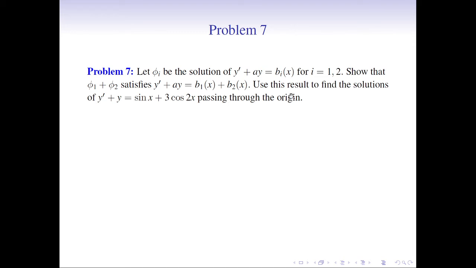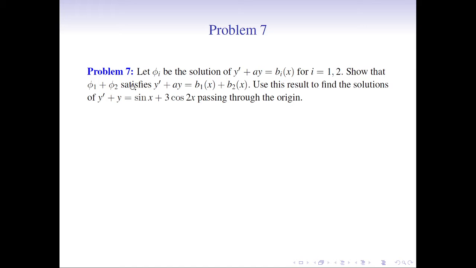Okay, so the first part is very clear actually. Why is it clear? Because see, we have to use here one important property of the derivative, that is the following: the derivative of addition of two functions is equal to the addition of the derivative of the two functions. Okay, so by using that here, we know by definition, just now how we saw, that phi 1 and phi 2 will satisfy this, and now we need to check if phi 1 plus phi 2 satisfies this equation or not.